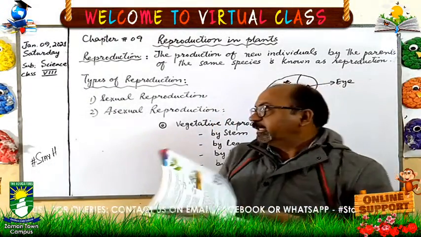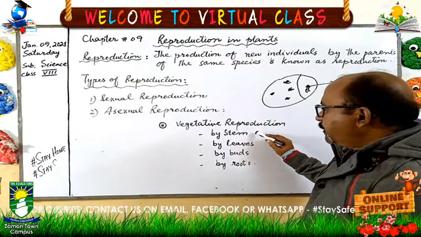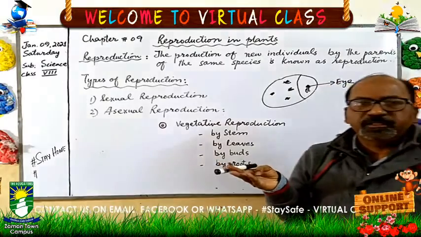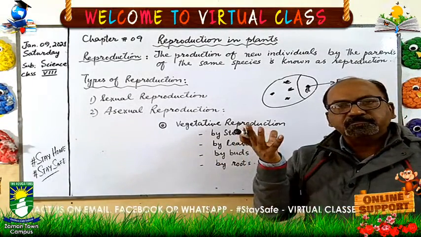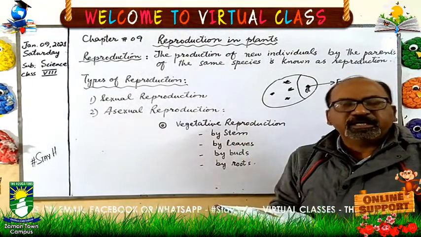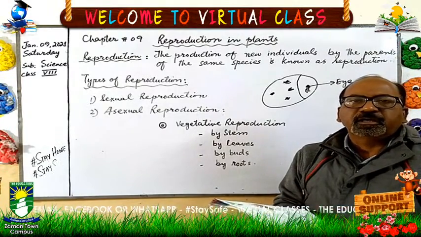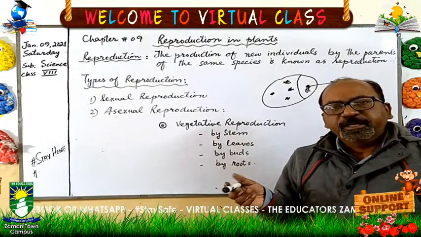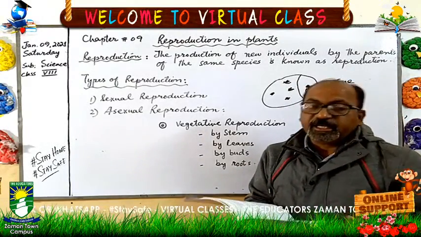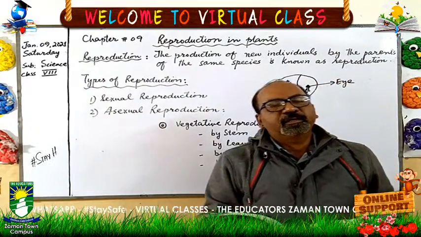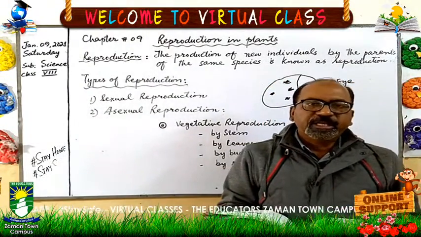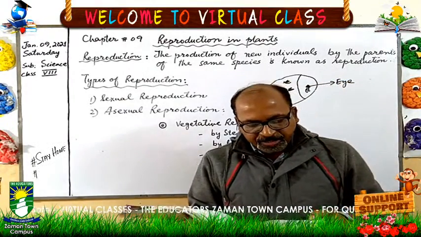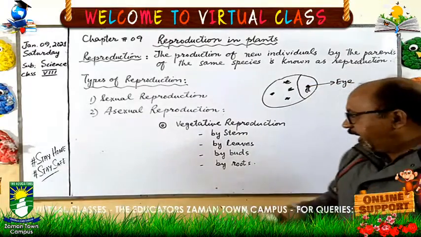So these are the examples by stem, like onion, ginger, and I have given you the example of rose plant and sugar cane, and also onion and gladiolus. There are a lot of other plants as well which can be grown by stem cutting, but these examples are given in your book. Next is vegetative reproduction by leaves.